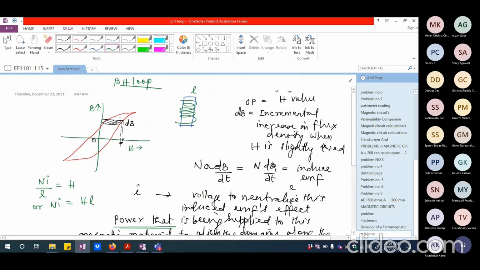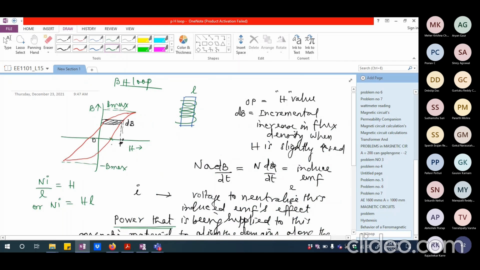So I can actually do the complete integration, starting from zero flux density until the maximum flux density here, which I may call Bmax. And similarly, this is minus Bmax because it will be symmetrical.